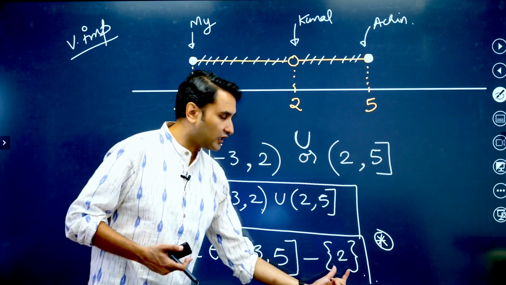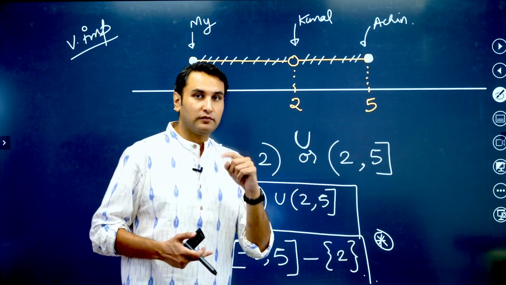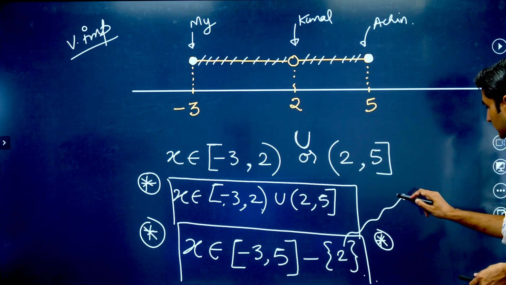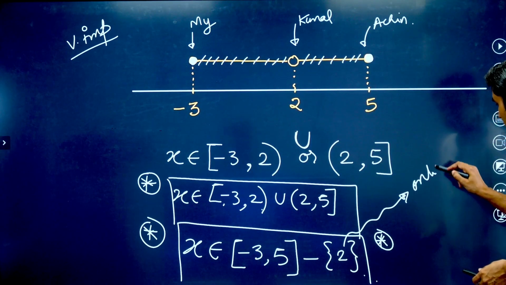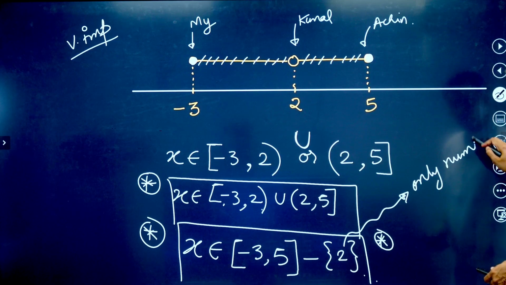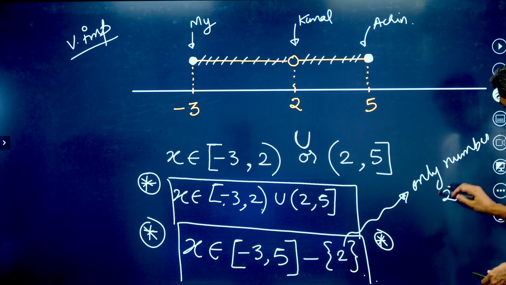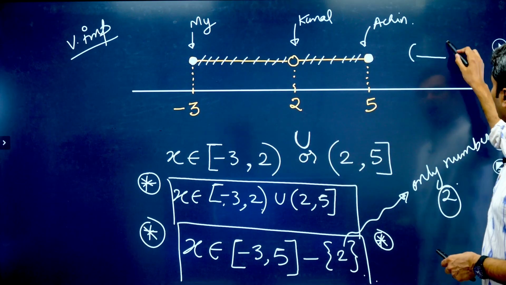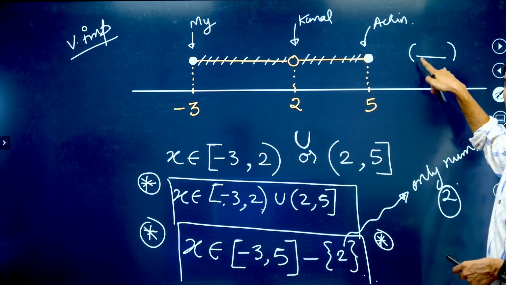So this curly bracket 2 means what? Only number 2. And these intervals mean what? All the numbers between these two.